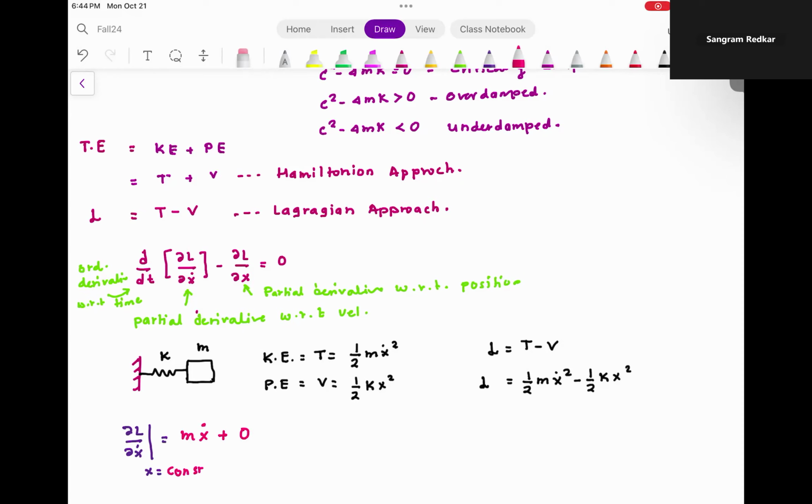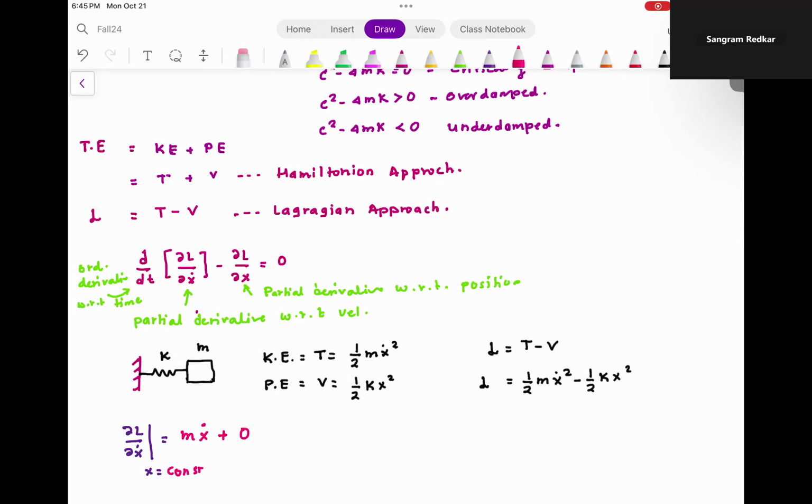Partial derivative means I'm going to just take the derivative with respect to x dot. If there are any other terms in x triple dot, or x to the fourth dot, all those terms are treated as constant. So here, I would be taking the derivative of only this first term. So 1/2 m x dot square gives 2 times 1/2 m x dot. And here, since x is a constant, when I take the derivative of this, the derivative is going to be 0.